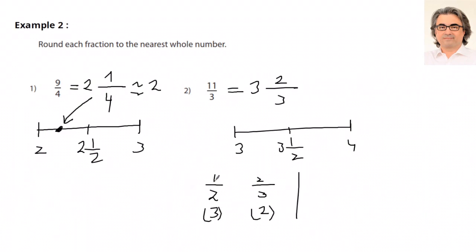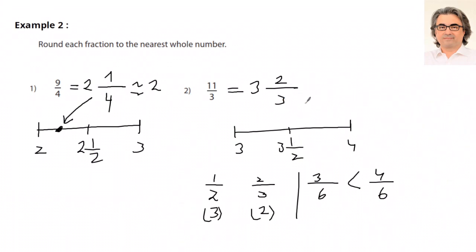And get 3 times 1 is 3, 3 over 6. And the other one, 2 times 2 is 4, 2 times 3 is 6. And compare them. Their denominators are equal to each other. 3 is less than 4. So 3 over 6 is less than 4 over 6. It means 2 over 3 is greater than 1 over 2.